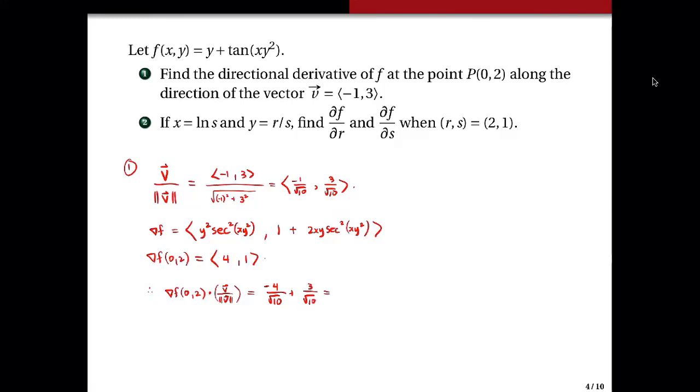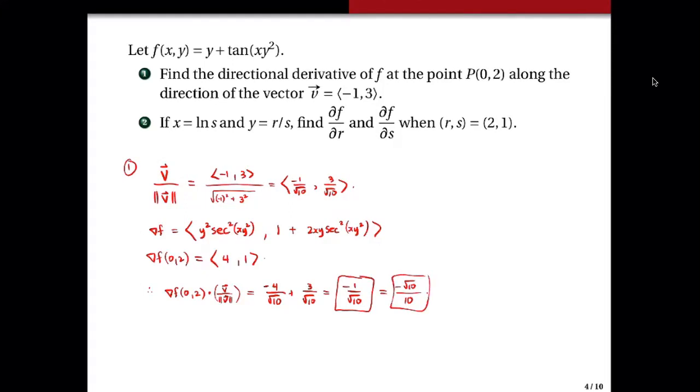So this is equal to negative 1 over square root of 10. Okay? So I will accept this answer. And if you really want to rationalize this, you can rewrite this as negative square root of 10 over 10. So any of the two is acceptable. Questions?